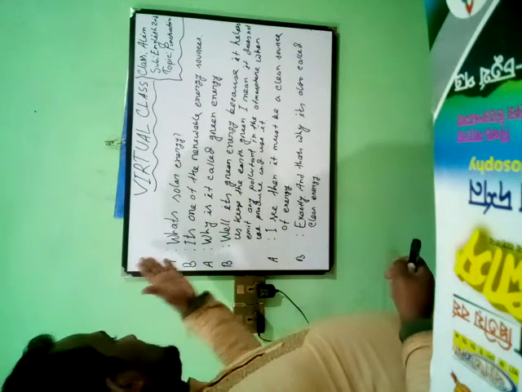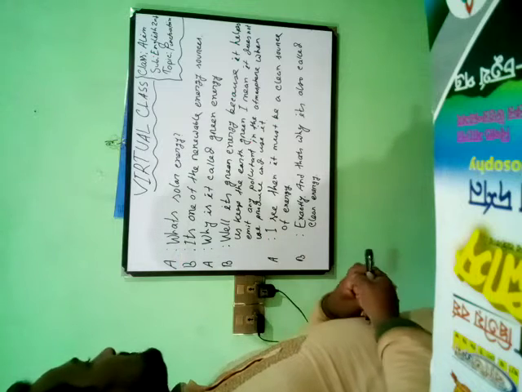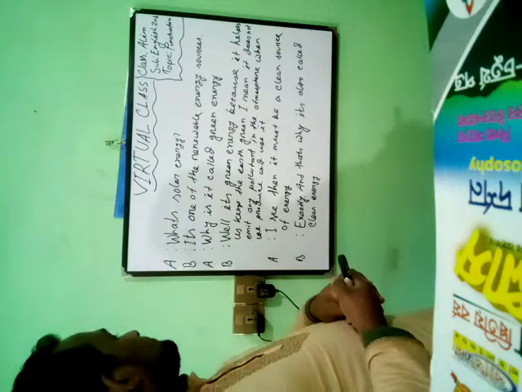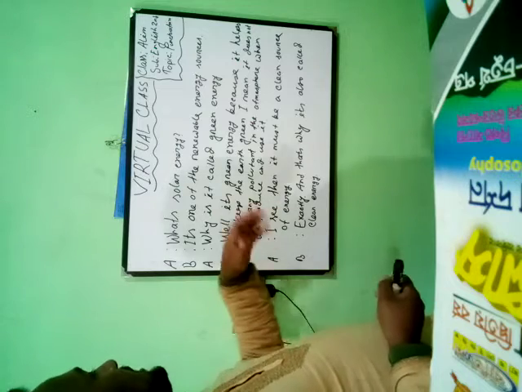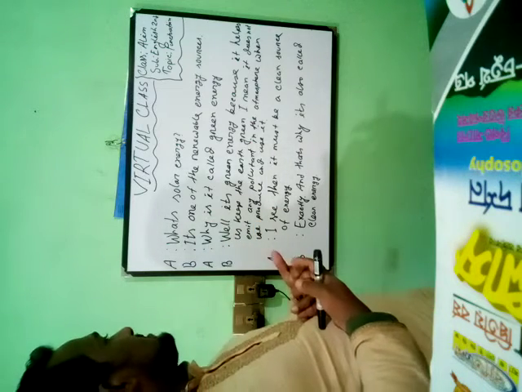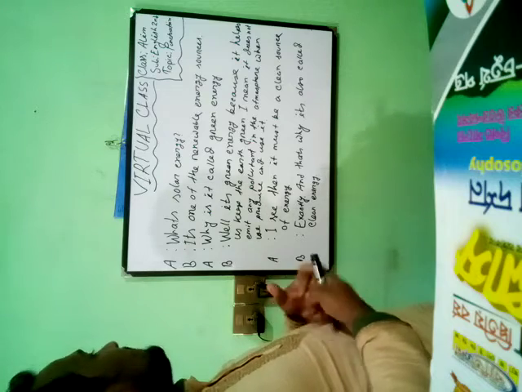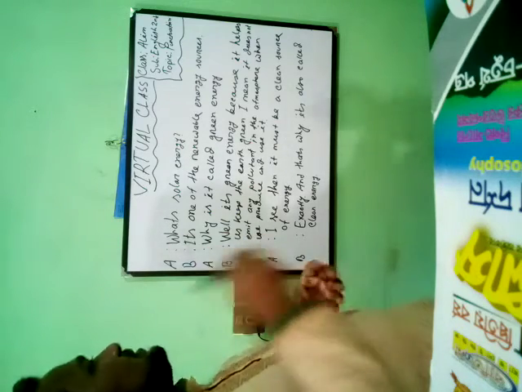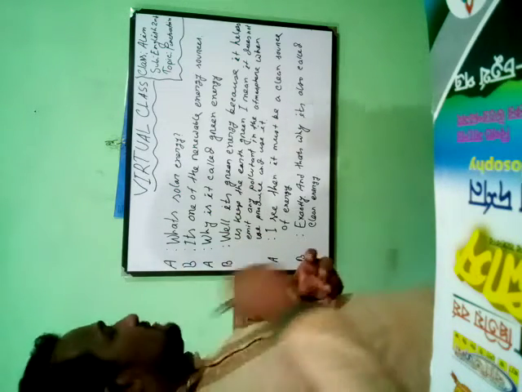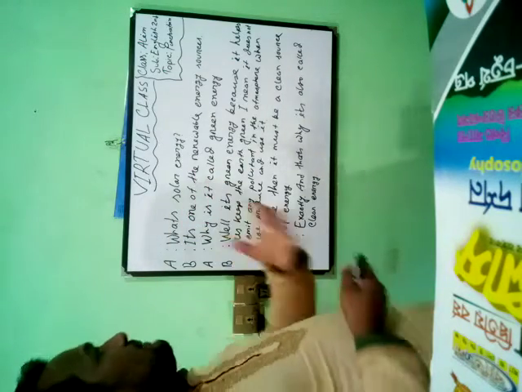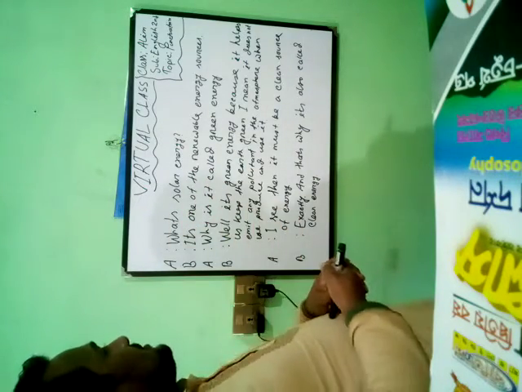Here you can see that I have written for you. First, we have to understand what punctuation marks are. Every sentence starts with subject plus verb. If the sentence is complete, you have to put a full stop at the end of the sentence. If it is an assertive sentence, that is so.